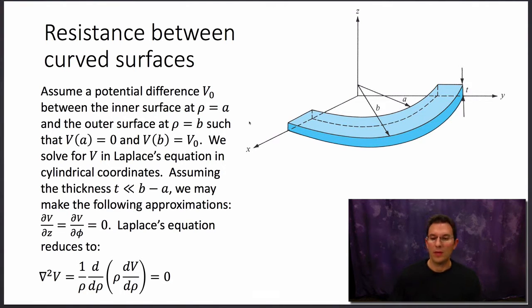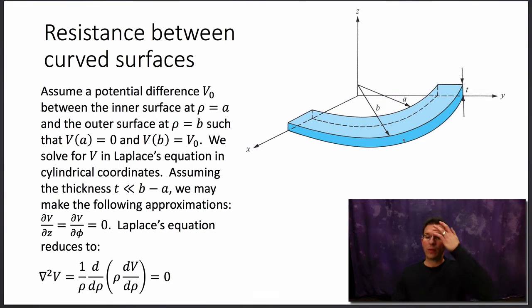Well, in the case of the first one, that the potential doesn't change in the z direction, that has to do with the fact that we are applying the potential difference, or I should say we're creating the potential difference between this inner curved surface and this outer curved surface.